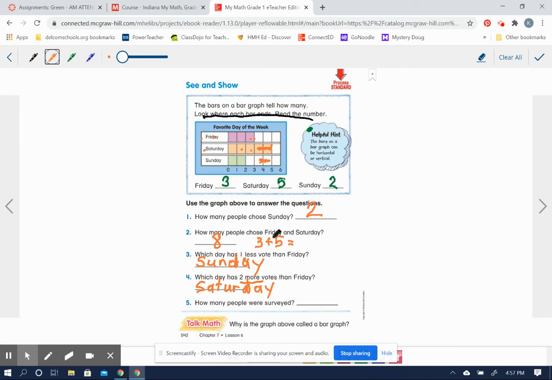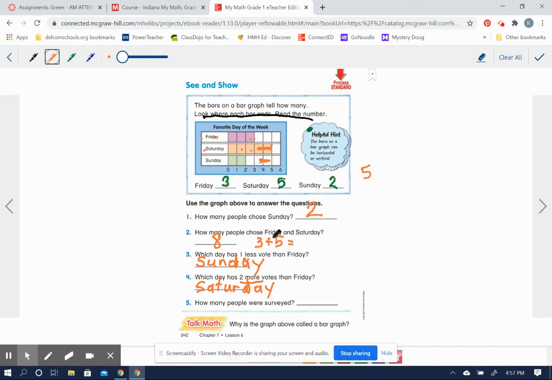And the last question on this page, how many people were surveyed? Well, we can either count the boxes that are colored or we can add these numbers here. Do you see a way to either make doubles or to make 10? Yeah, well, if we add 3 plus 2, that equals 5, doesn't it?